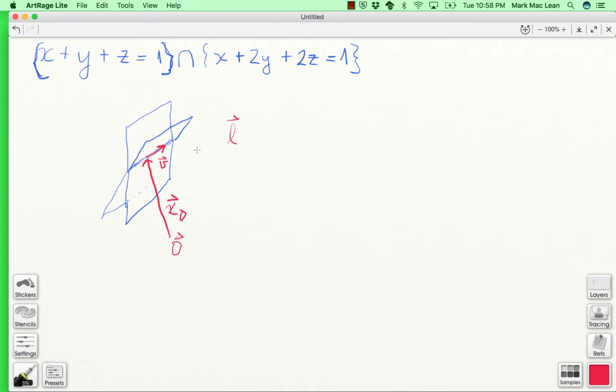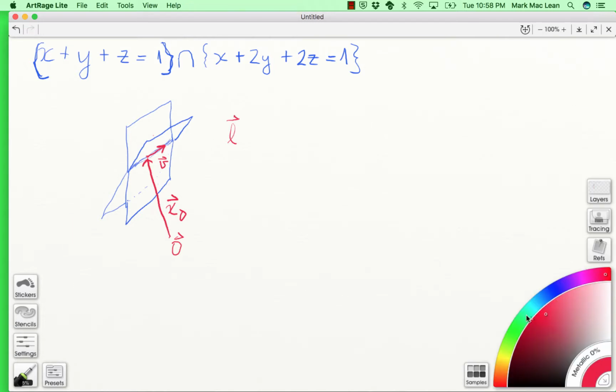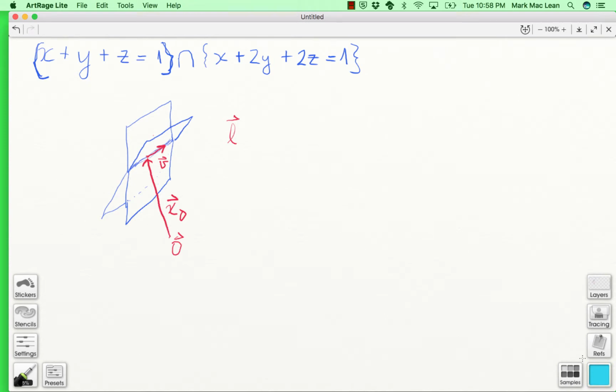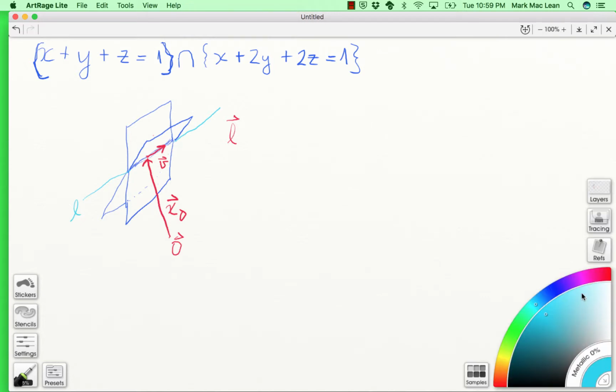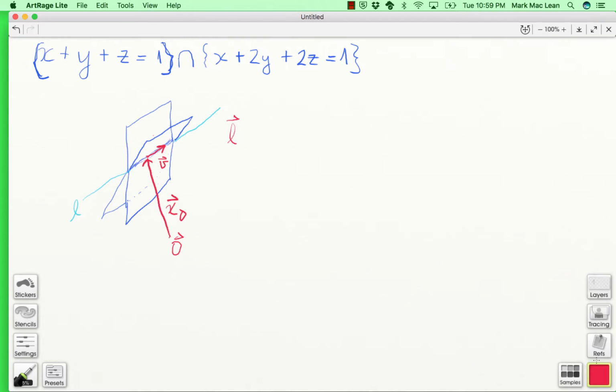So I can think of this line L, and let me give a slightly different color here. Here's the line L passing through here, and L has a parametric representation for some parameter t.